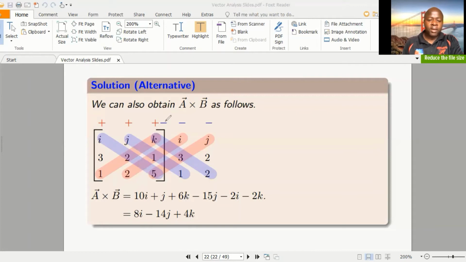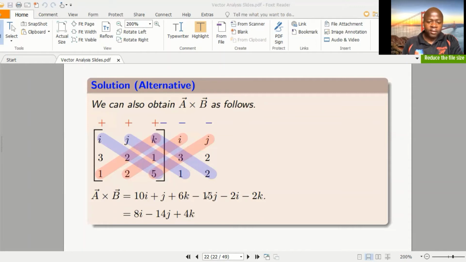And I've written minus, minus, minus, meaning that along these diagonals we subtract the result. So for instance, this would be 15J. So I subtract it. This would be 2I. I subtract it. And this will be 2K. I subtract it. Then collect like terms.